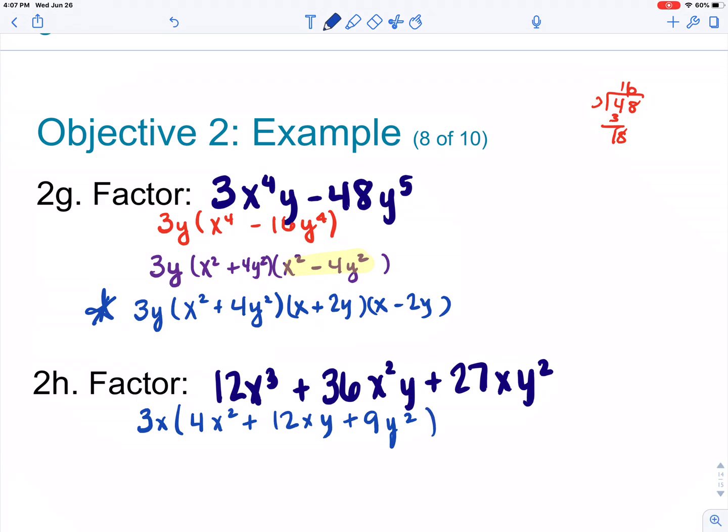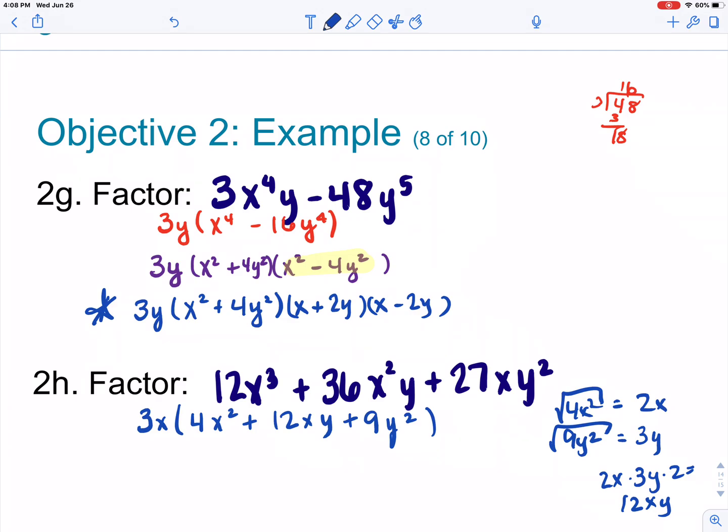Okay, so let's see. 4, 12, 4 and 9 are kind of unique because they're perfect squares. So I'm thinking to myself, 4x squared is 2x. 9y squared is 3y. And if I multiply those 2 by 2 and get that number in that middle term, I will have a perfect square trinomial, which I do.